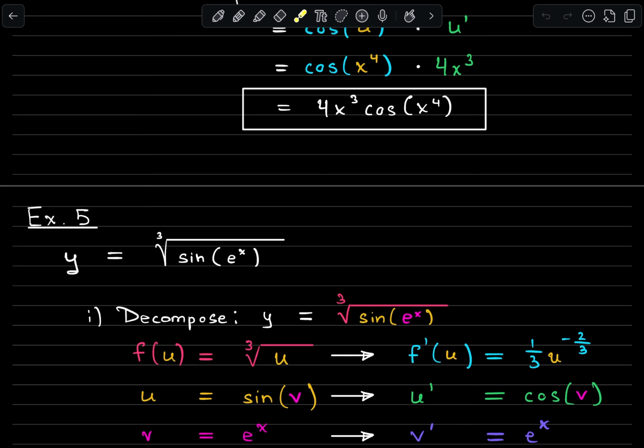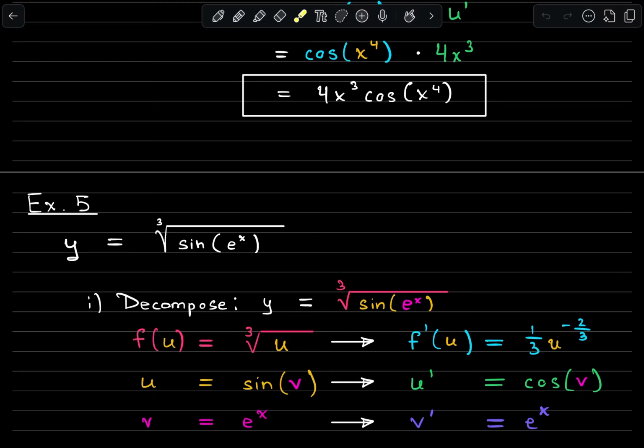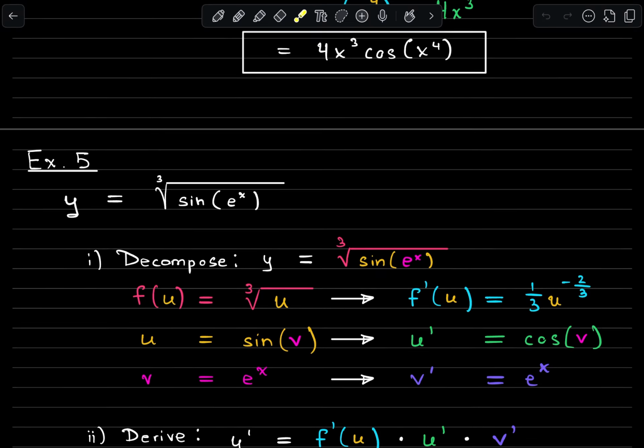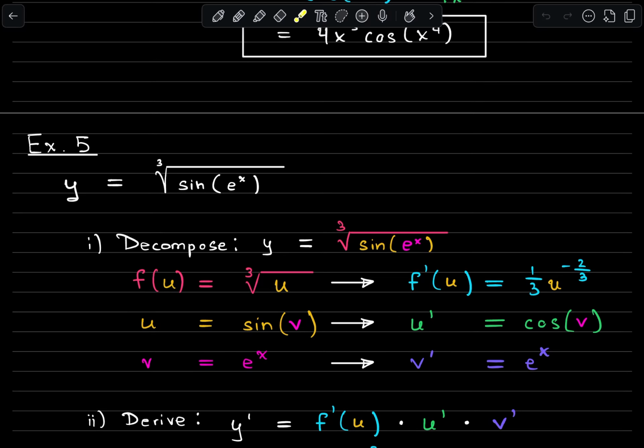Okay, so we had this composition of 3 functions, and we wrote out each layer by itself, and we took the derivative of each layer by itself. That's the strategy. That's the way to do this. And now let's put them together piece by piece. So y prime is going to be f prime of u times u prime, and you could have written this as u prime of v if you really want to.